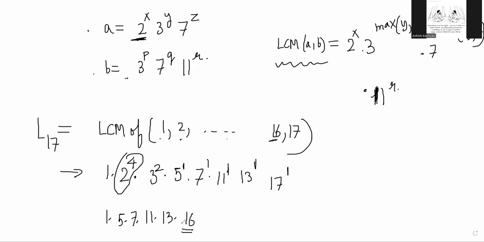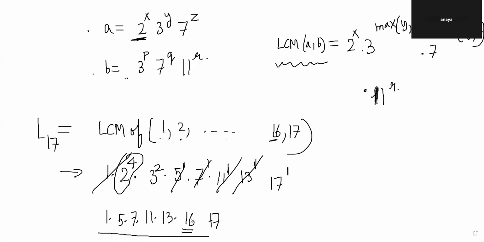I'm just writing the numbers right now because I have to add the numerators. 11, 13, 16 is done. Only 17 was left. 16 has come because we said that 2 power 4 is the highest power of 2. That must be present, right?